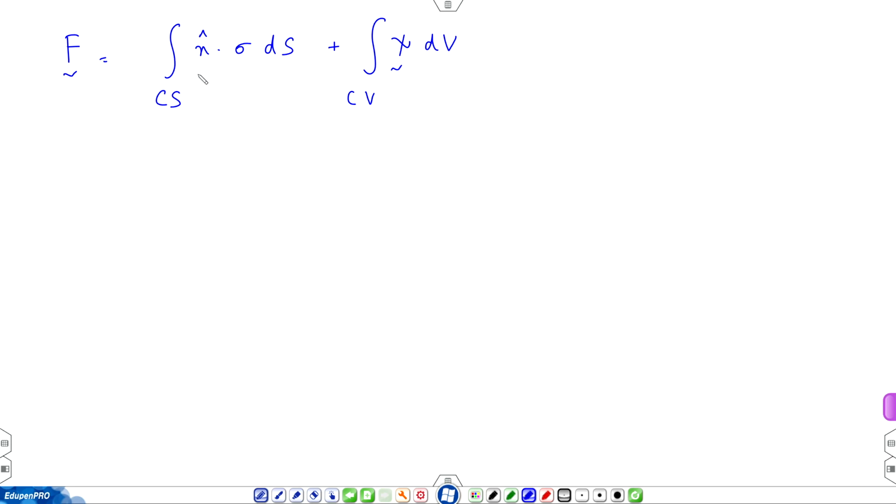Now, here comes the vector identity, where del dot n dot sigma is replaced by del dot sigma. N dot sigma on the control surface is del dot sigma over the control volume, and this is equal to integral over C_V of rho times acceleration.